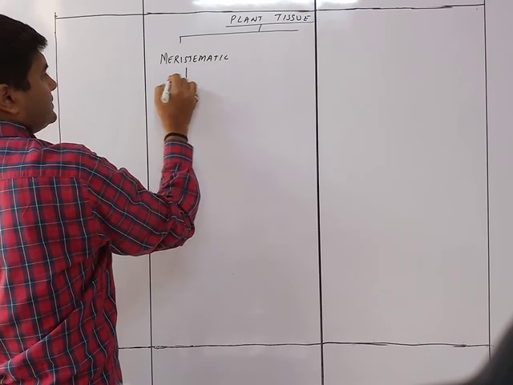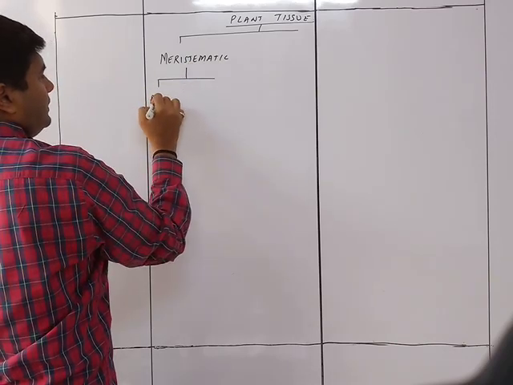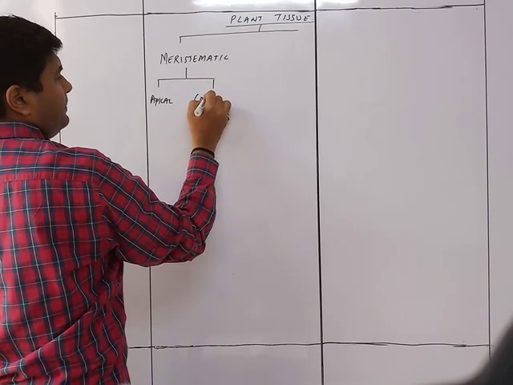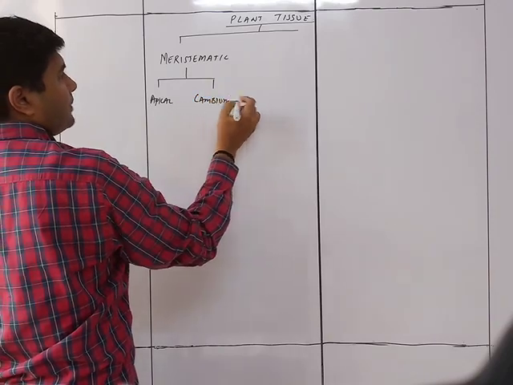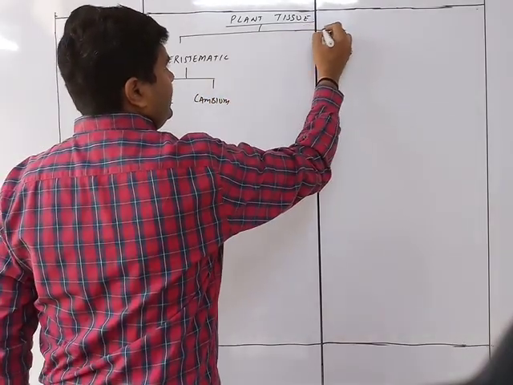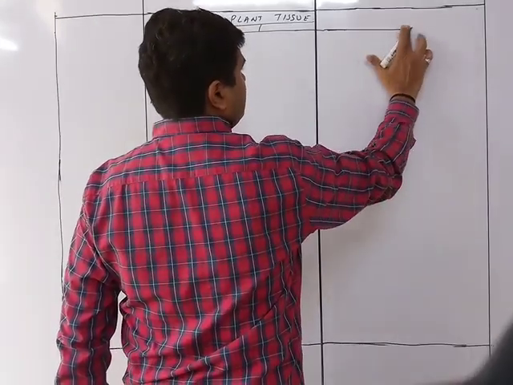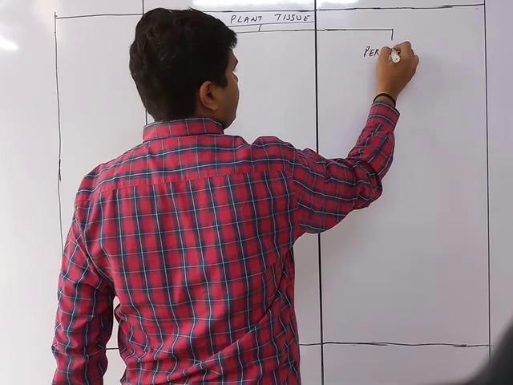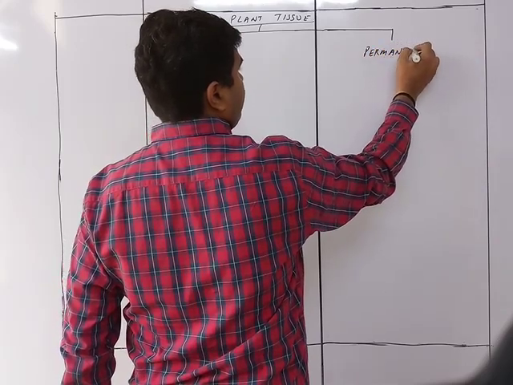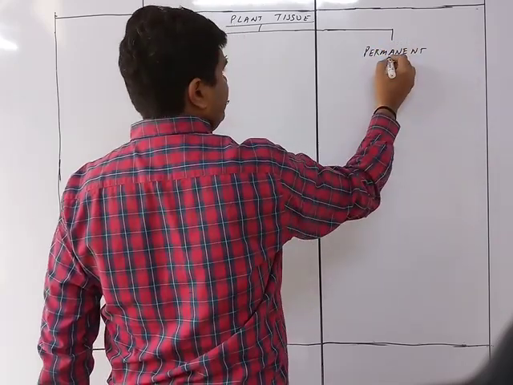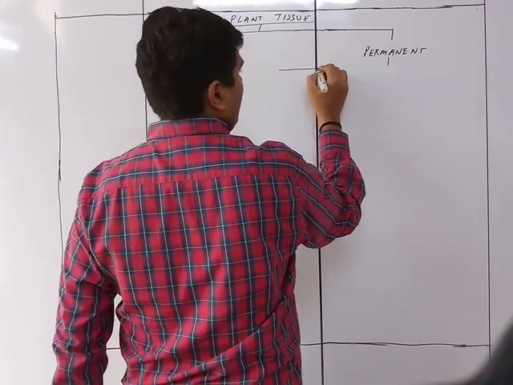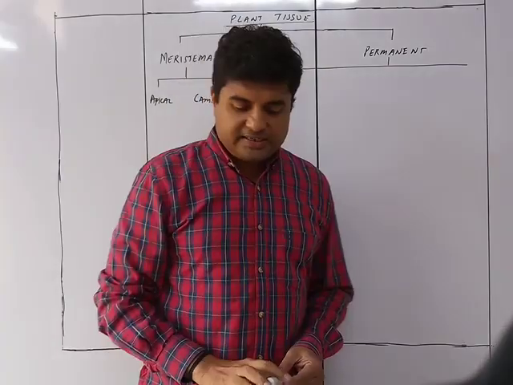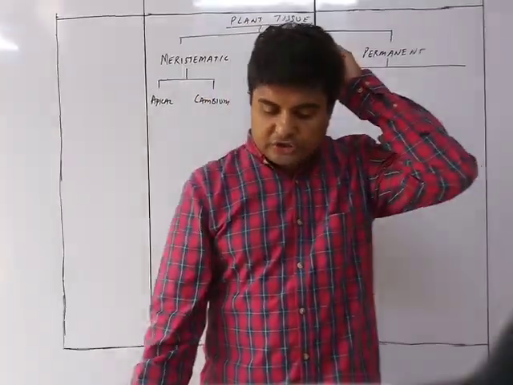Meristematic is of two kinds. First, apical. Second is cambium. The next part is permanent. Okay, now we see the parts of the permanent. So let's see the next thing, that is permanent tissues.